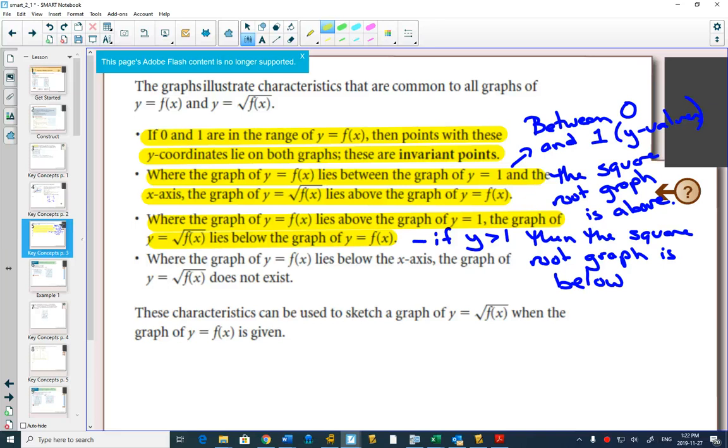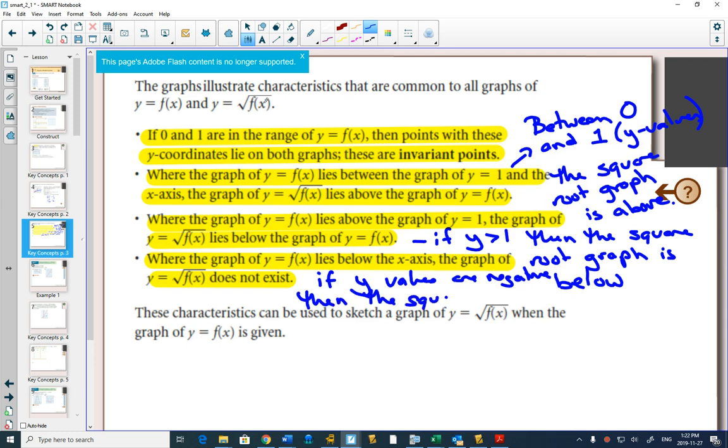And the last point, it says, if the graph of f of x is below the x-axis, in other words, if your y values are negative, then your square root graph won't exist.